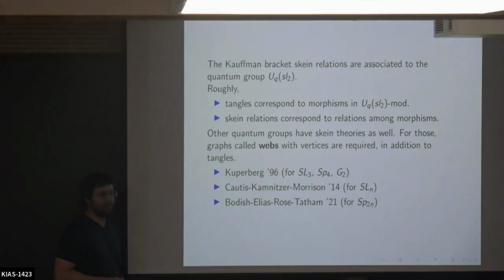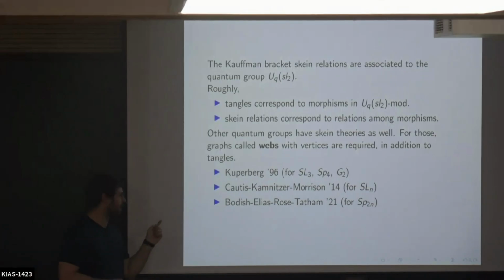Then you can look at more complicated quantum groups than SL2. For those, tangles aren't really enough to give you all of the morphisms. You need more complicated things like graphs with vertices, and those are called webs in the literature. Kuperberg originated that study for the rank 2 Lie groups, SL3, Sp4, and G2. It's hard to generalize it to higher rank.